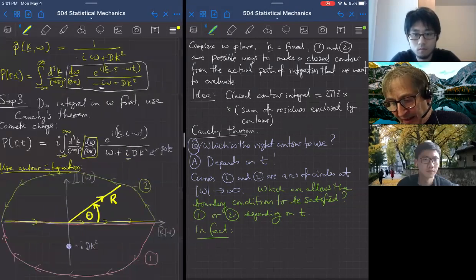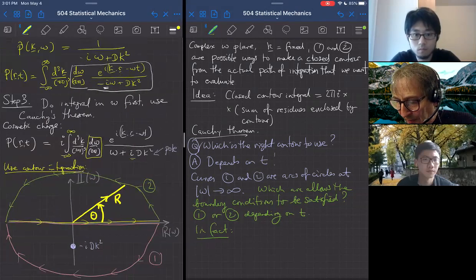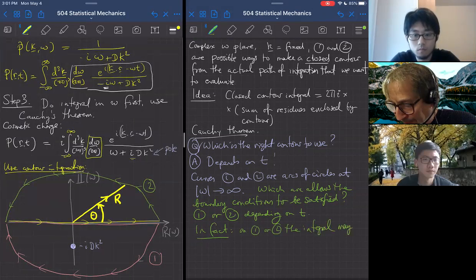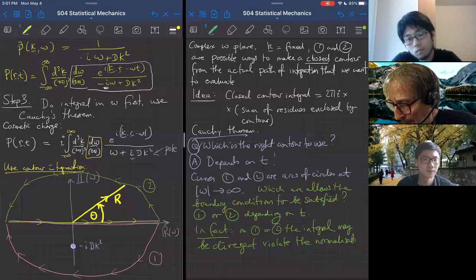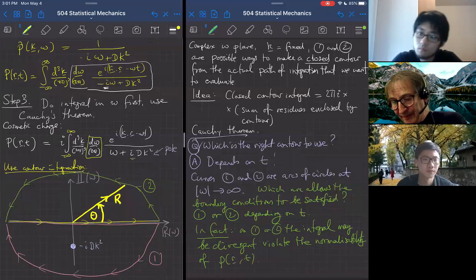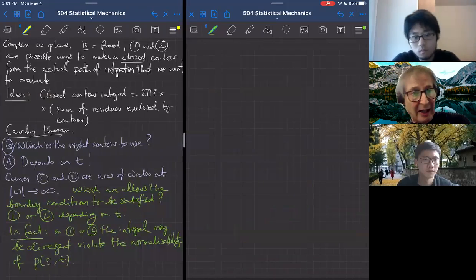We're going to see that on 1 or 2, the integral may be divergent, and that would violate the normalizability of P of r and t. Okay, so that's the basic idea.